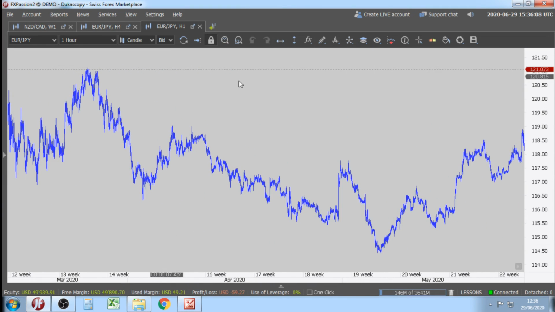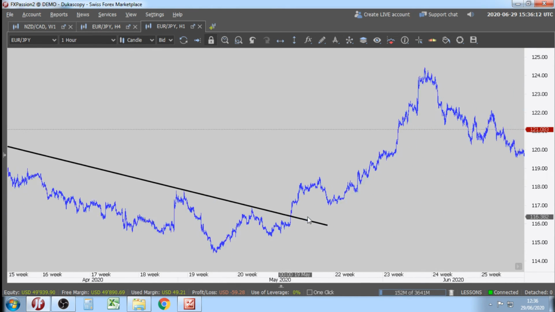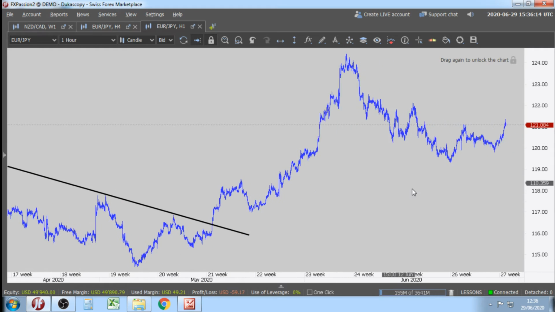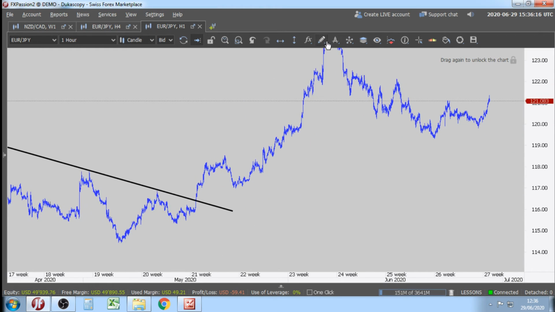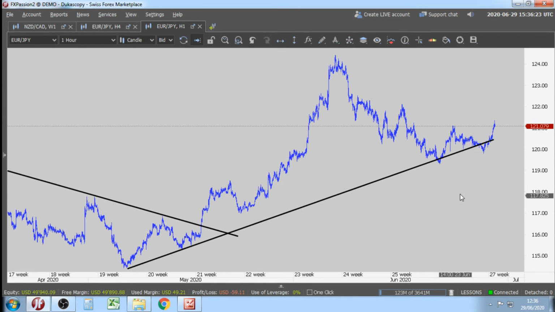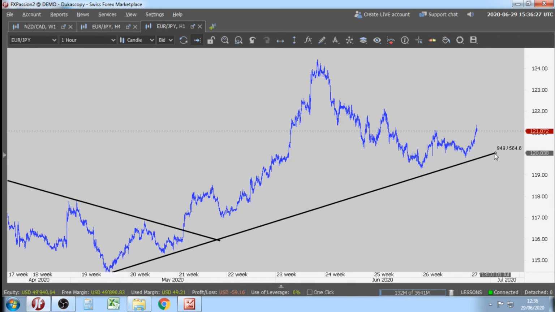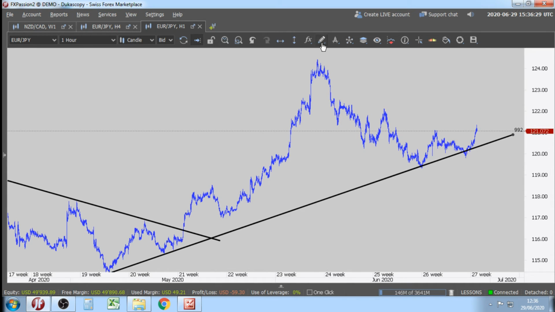This is the 1-hour chart. The market was in a downtrend, and then the market was in an uptrend. I mean, it still is, right? Still in an uptrend based on the trend line, and the market here was in a downtrend.